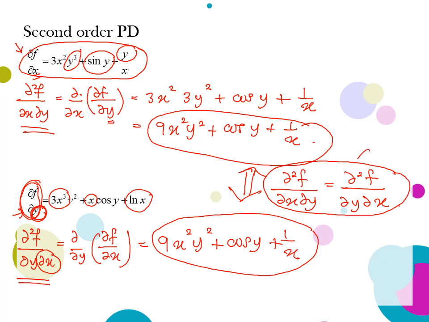This is the property of mixed partial derivatives, where del squared f over del x del y is equal to del squared f over del y del x. No matter which variable comes first, you will get a similar answer.